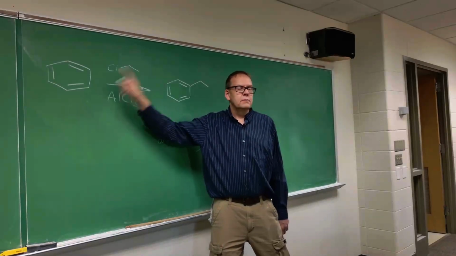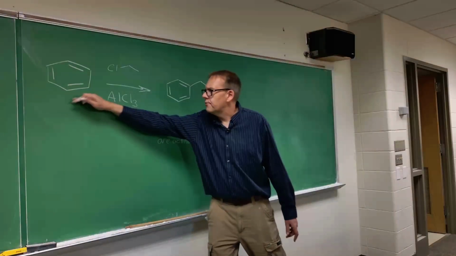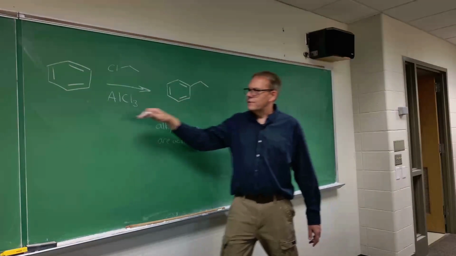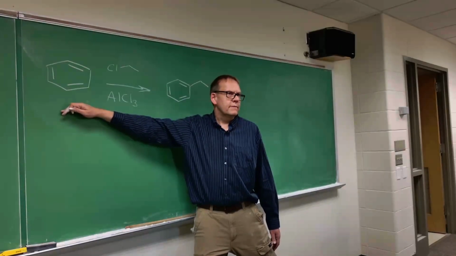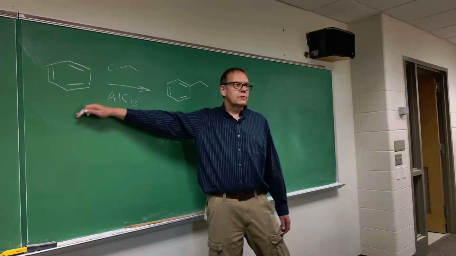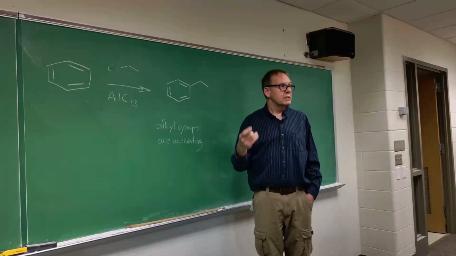Basically, if you want the reaction to go from here to here, the product that you make is more reactive than the starting material you used in the first place. So this is more likely to react again than this is to react.